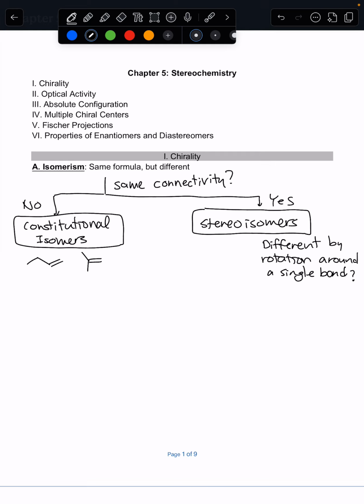That hopefully you still remember, and that of course would be conformers or conformations, or conformational isomers, but conformers for short.